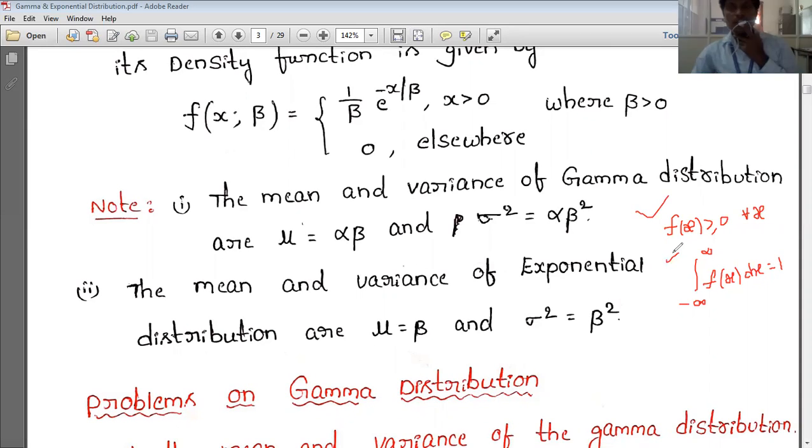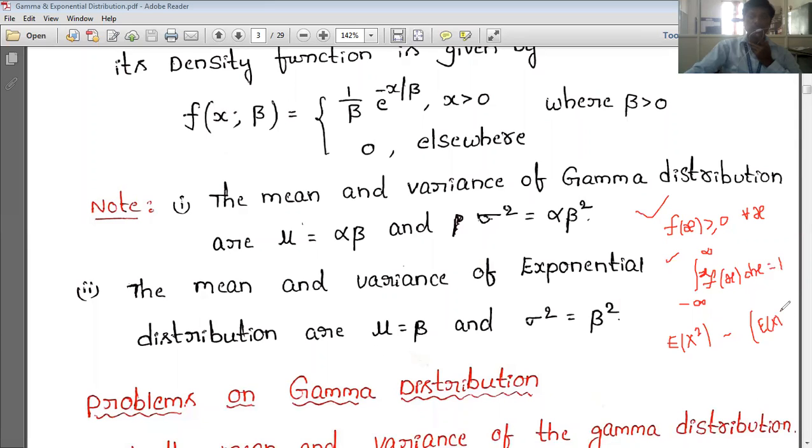Okay, and what is the formula we are using for calculating the mean? For calculating the mean in a continuous random variable, we use the integral of x into f of x dx from minus infinity to plus infinity, and variance is simply the formula E of x square minus E of x whole square.